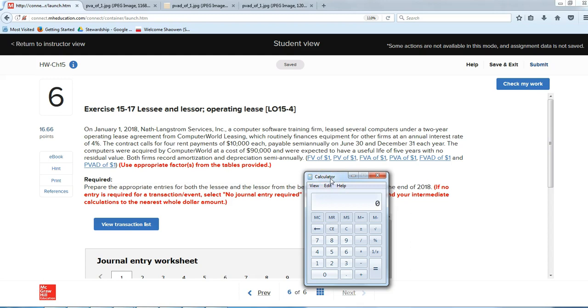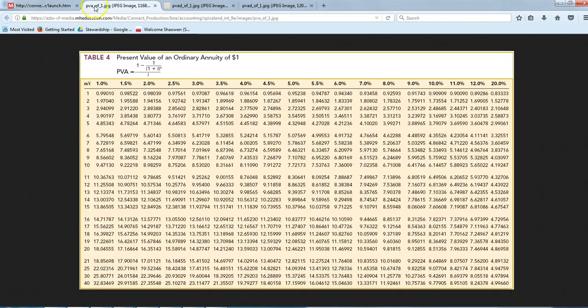Let's calculate the present value of lease rental payments for lessee again. $10,000 multiplied by discounting factor. We go to present value of ordinary annuity because the first payment didn't occur until 6 months later. The 2% is half of the rate of 4%. 4% is annual rate.